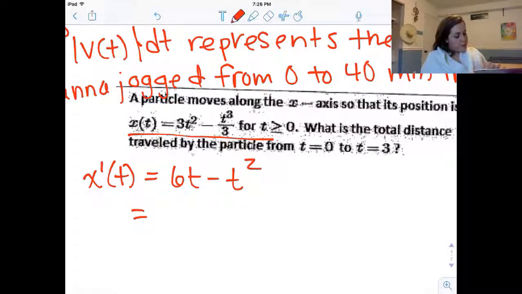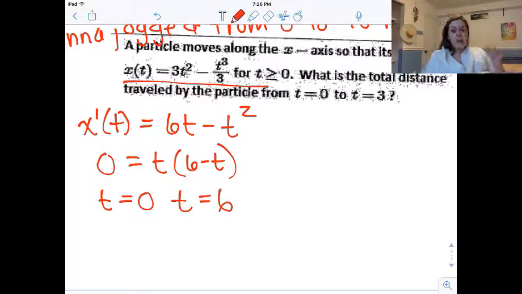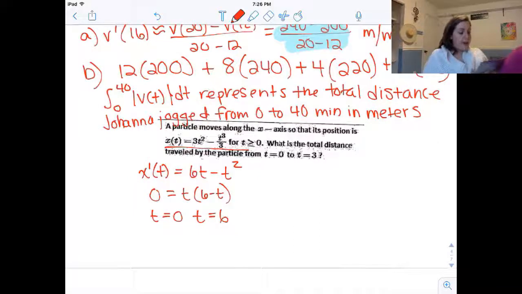I'm going to set that equal to 0. And I will tell you this equals 0 at t equals 0 and at t equals 6. So I know that there is a position change at 0 and at 6, which actually isn't on my interval. So that doesn't really matter much.